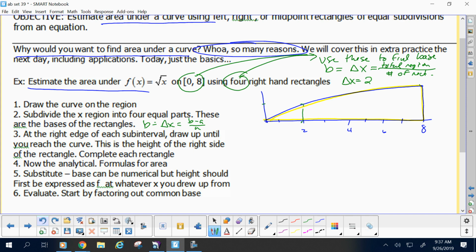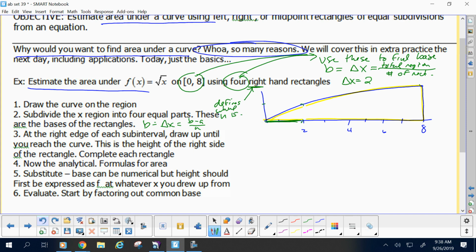All right. Now, in terms of getting the heights of the rectangles, the first rectangle I'm going to do in green, and it goes from an x of 0 to an x of 2. Now the question is, where's the height? Well, the height is tied to the curve. This defines where the height is.